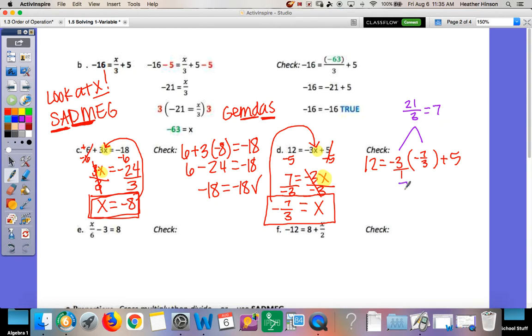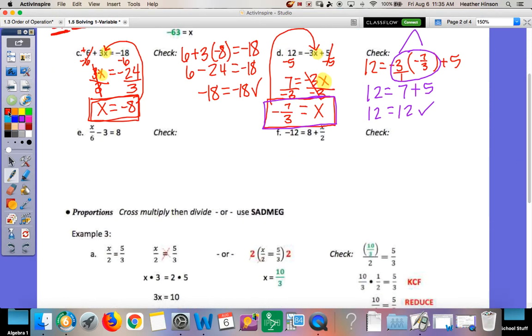So I'm going to bring down a 7 for all of that. And then 7 plus 5 is 12, just following our order of operations. Does 12 equal 12? Yes. So we know our answer here is correct.